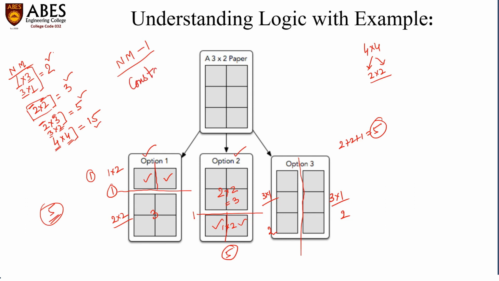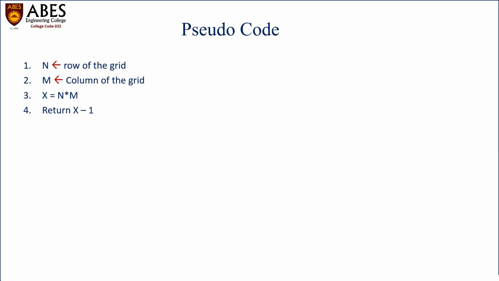Given the values of N and M, you can obtain the solution in constant time. So here is the pseudocode. Here the rows of the grid is N, the columns of the grid is M. You simply multiply N and M and save it in a different variable, let's say X, and you return X minus 1, which gives you the answer.